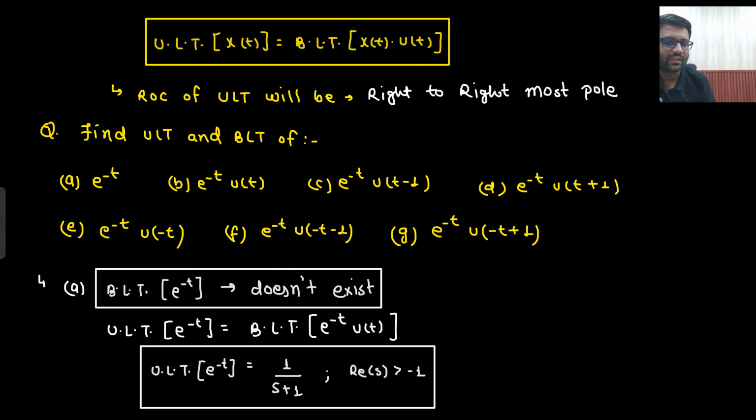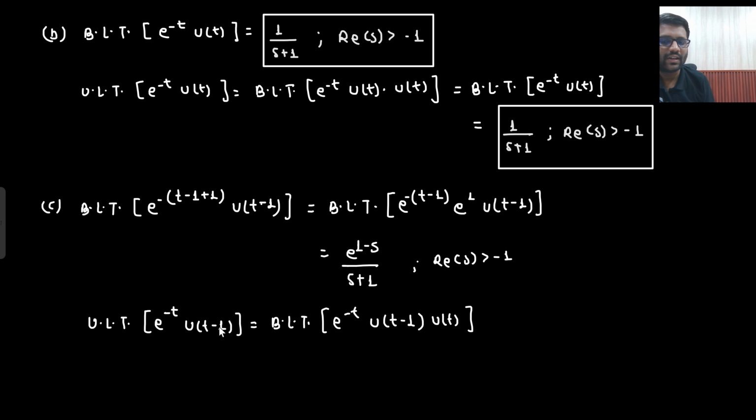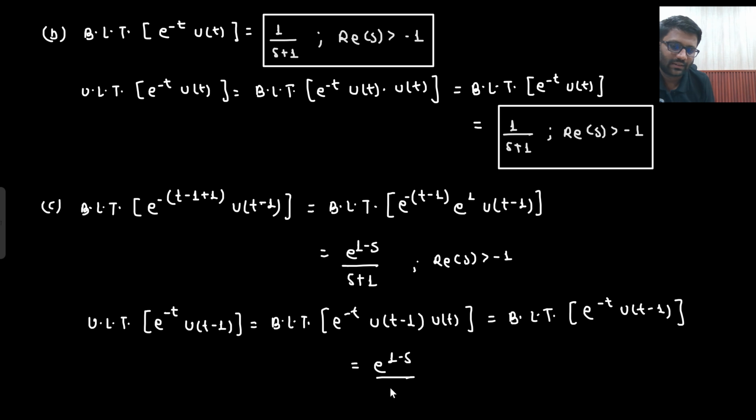Here u of t minus 1 is written, but I told you the unilateral Laplace transform is the same function multiplied with u of t. So u of t minus 1 multiplied with u of t, what would that be? It is the same thing. So you will get the same answer, e to the power 1 minus s divided by s plus 1, with the real part of s greater than minus 1.